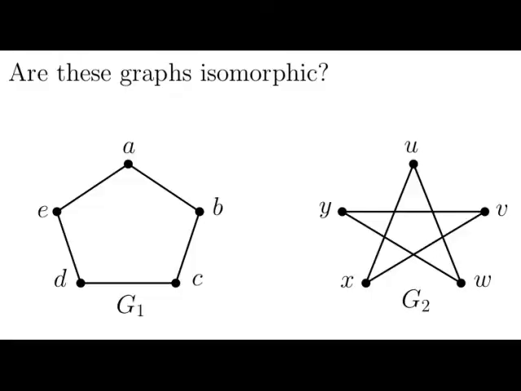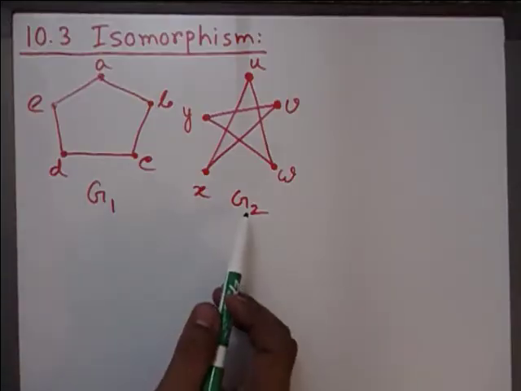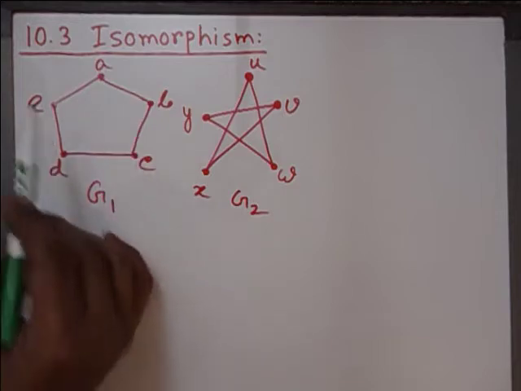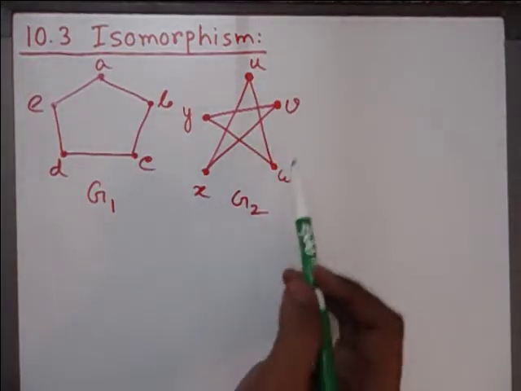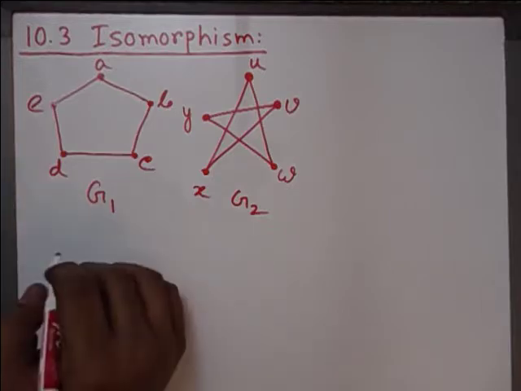Let's take an example. So these are our two graphs, G1 and G2. G1 is A, B, C, D, E. G2 is U, V, W, X, Y. Are these two graphs isomorphic? Are they the same graph? Let's see.